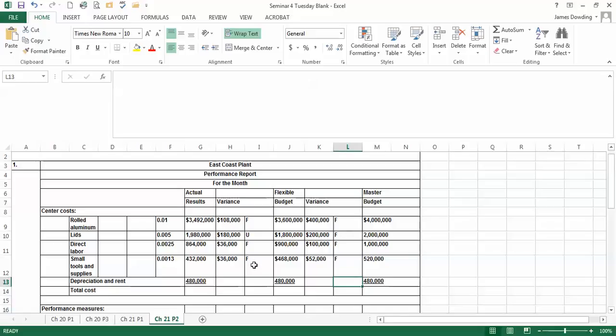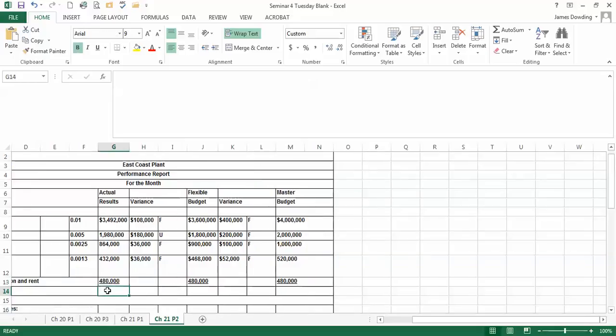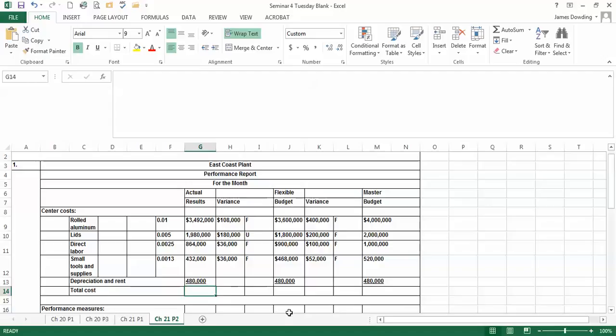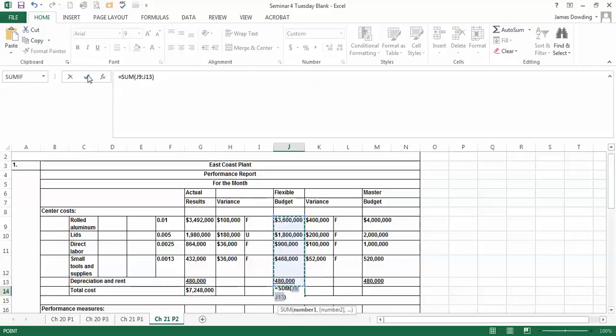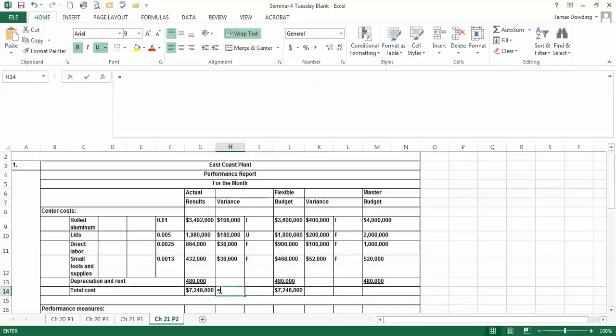Now to do some double checks, if we add up the costs of our actual results, we do the auto sum, we get 7,248,000. And notice there's going to be no difference between our flexible budget and our actual.